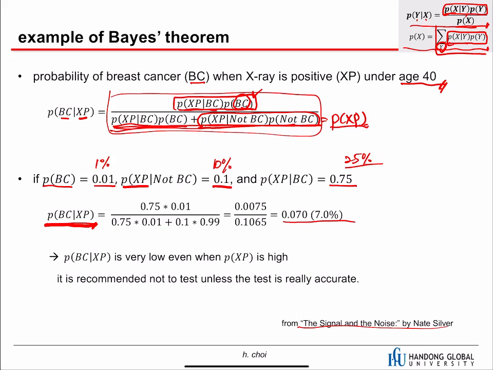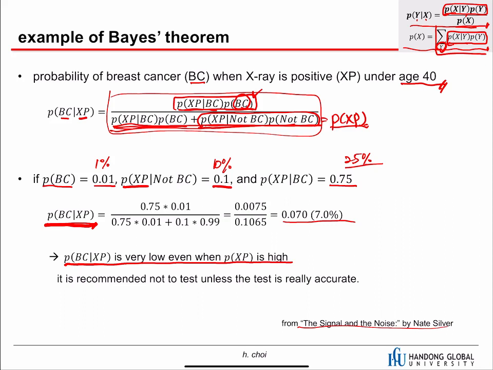Okay, so the probability that you have breast cancer when the X-ray is positive is just 7%. So this one is very low even when P of X-ray positive is high.